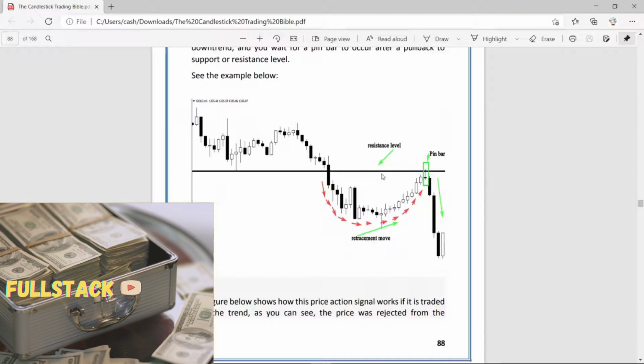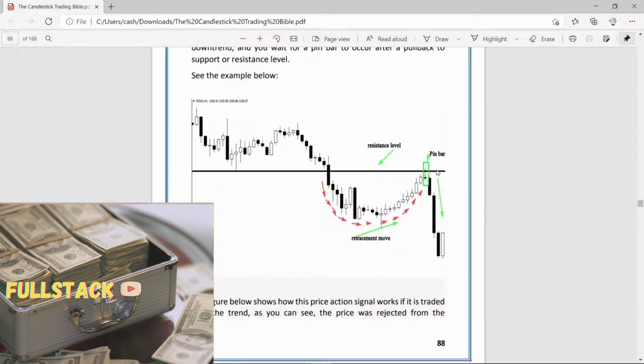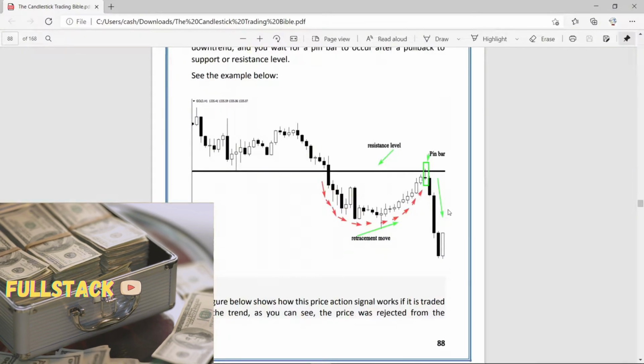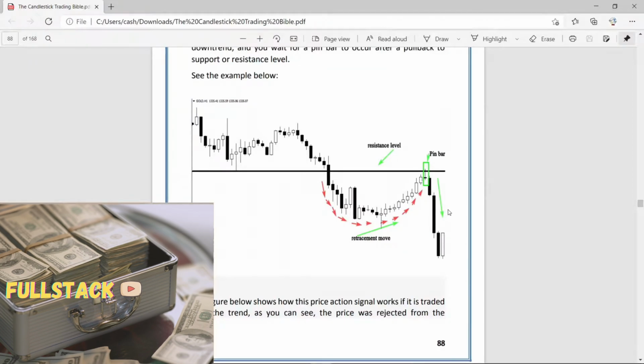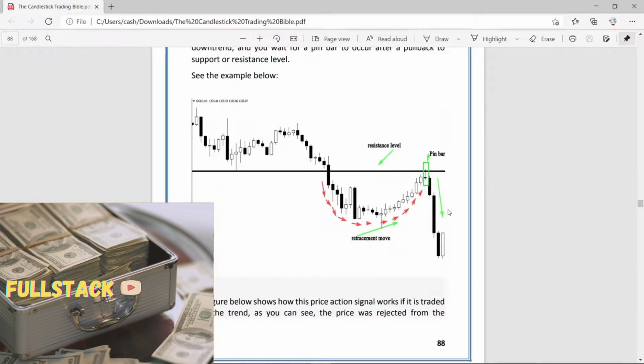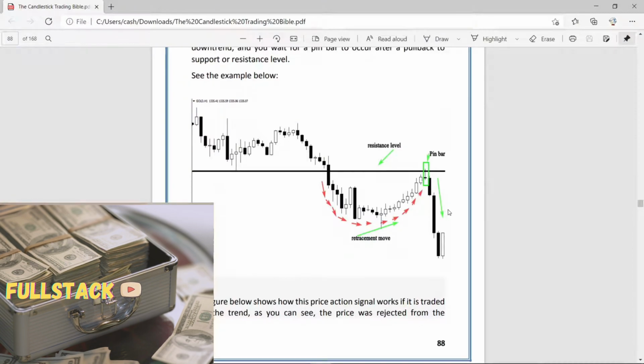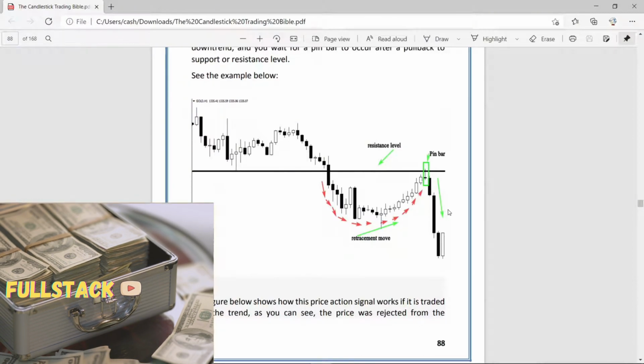But there was now this resistance level that was preventing price from going up. At some point the buyers came in, they tried to take it up, but they didn't manage, and the candle closed below in a pin bar signal. That was the signal for you to enter the trade, because you've executed patience: you waited for the retracement, and now you waited for the candle to form the signal to give you the entry.